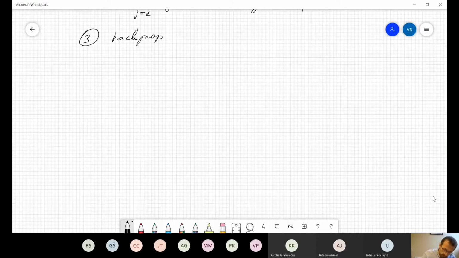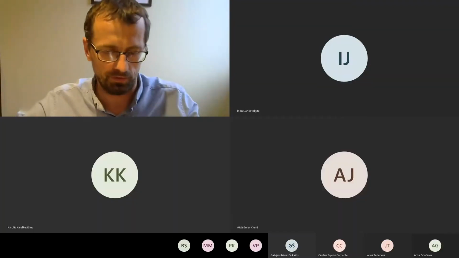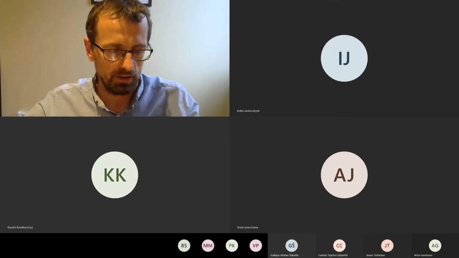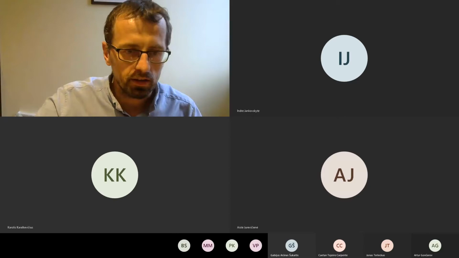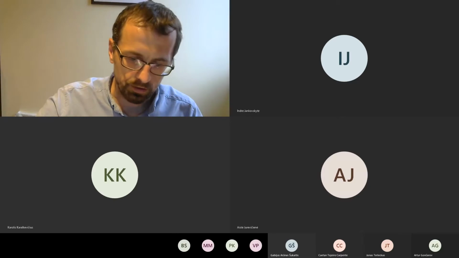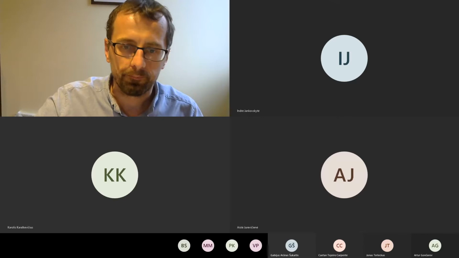For the backpropagation, let me see if I have it correctly defined. No, it's not correctly defined. So I need to disconnect my whiteboard and connect it back again, because sometimes it gets offset and I can't draw it. Usually physical reconnection helps. Let me try right now.